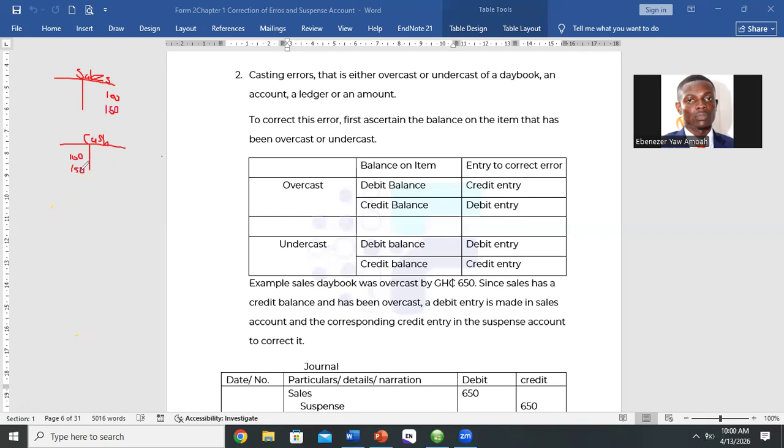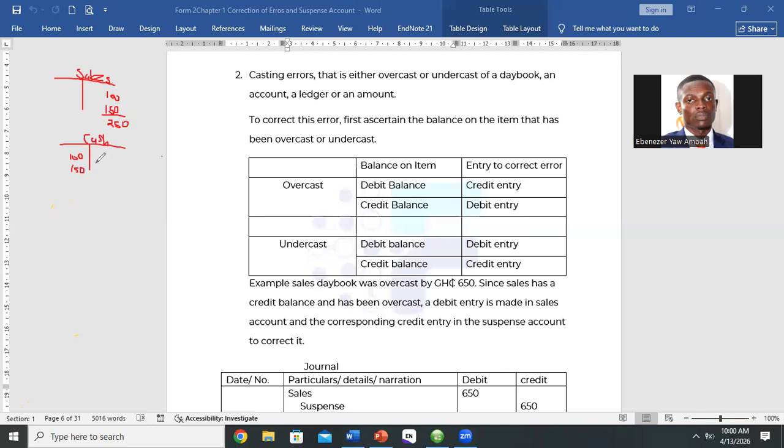So at the time that we were balancing these 2 accounts, we need to cast the figures or cast the amount. So when we were doing the cast, in the sales account, we had it correct. So 250, right? But maybe when we go to the cash, people were calling us with interruptions.